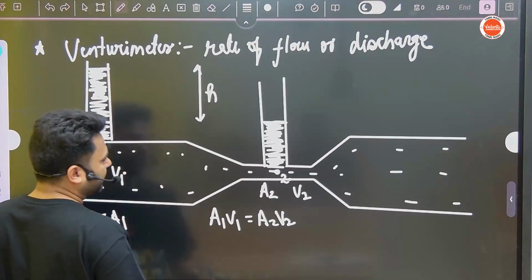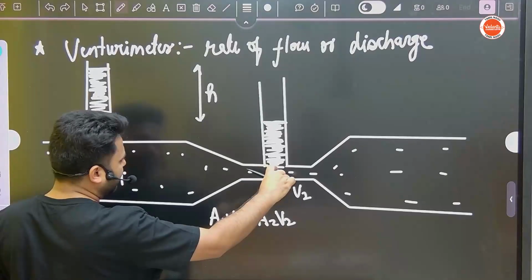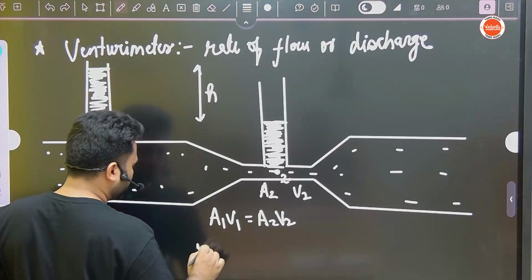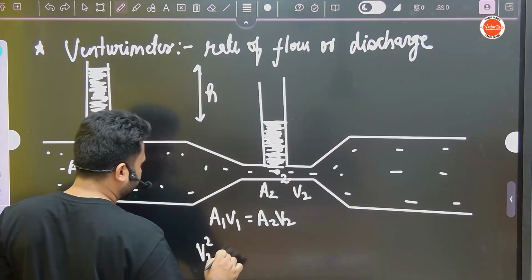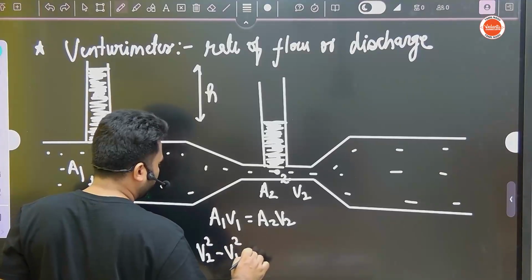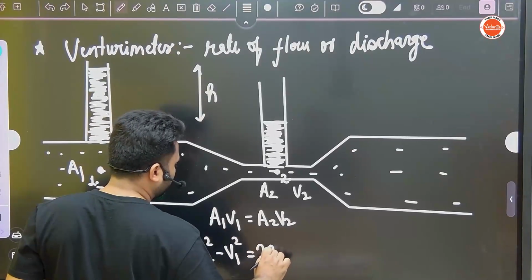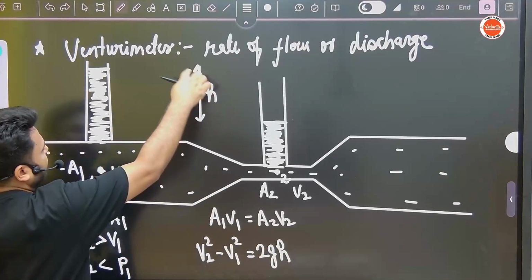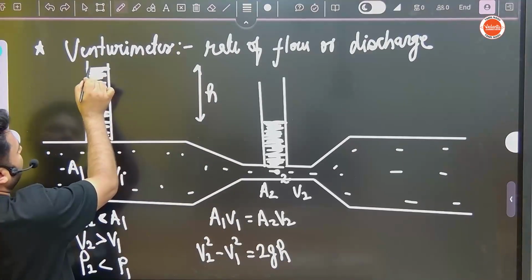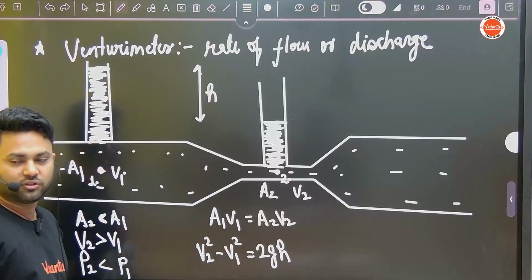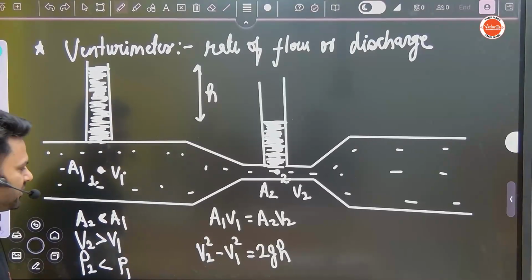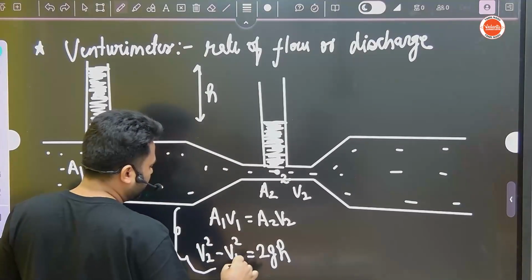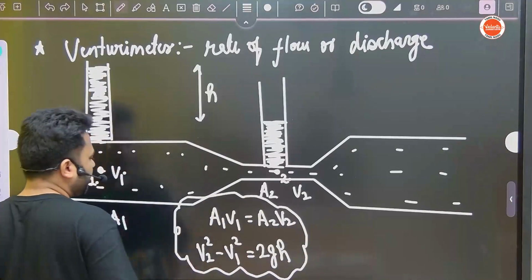And one more thing we can write, area is less, so velocity will be more. So V2 square minus V1 square equals to 2AS, so 2GH. What is H? This height difference, the top level and this top level. So these two equations you have to remember. They ask directly from here.